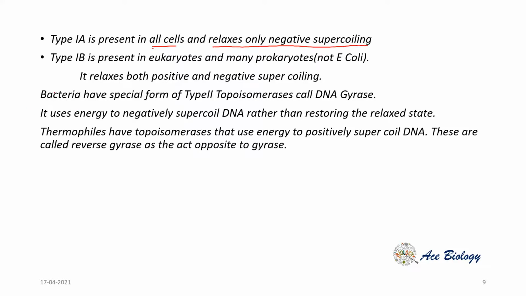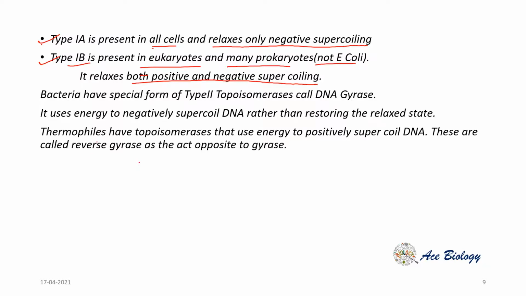Type 1B is present in eukaryotes and prokaryotes also, but it is absent in E. coli. It can relax both the positive supercoiled and the negative supercoiled DNA. This is the difference between type 1A and type 1B: type 1A can only relax negative supercoiling, but type 1B can relax both.